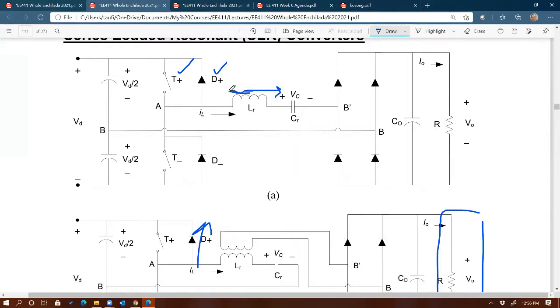So my question is, is there any other path besides T plus and D plus? So I said theoretically, that positive current may come from D minus right there, yes? That far, do you agree? Well, that far, under the assumption that D minus was conducting, but we're not necessarily saying it is. Exactly. I'm just saying that if D minus is conducting, then that positive current will be coming from D minus. But will it? Well, let's see.